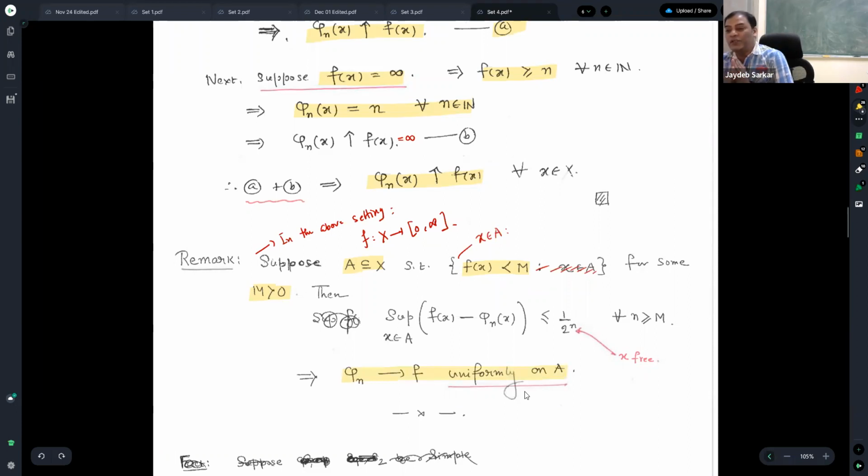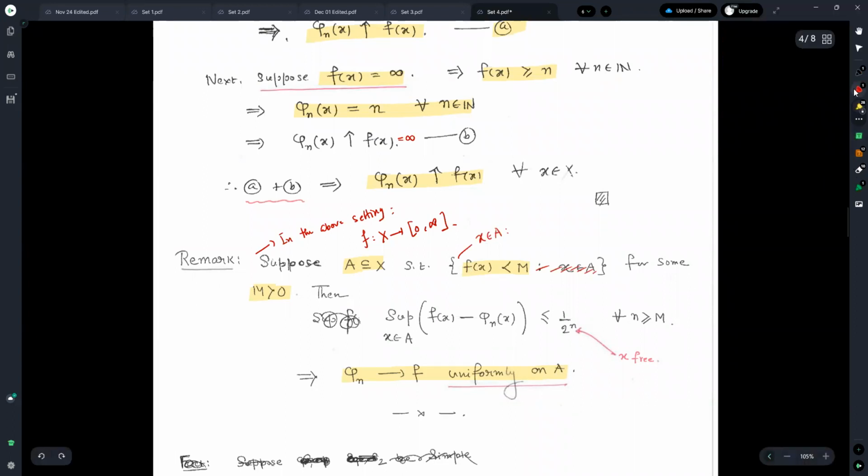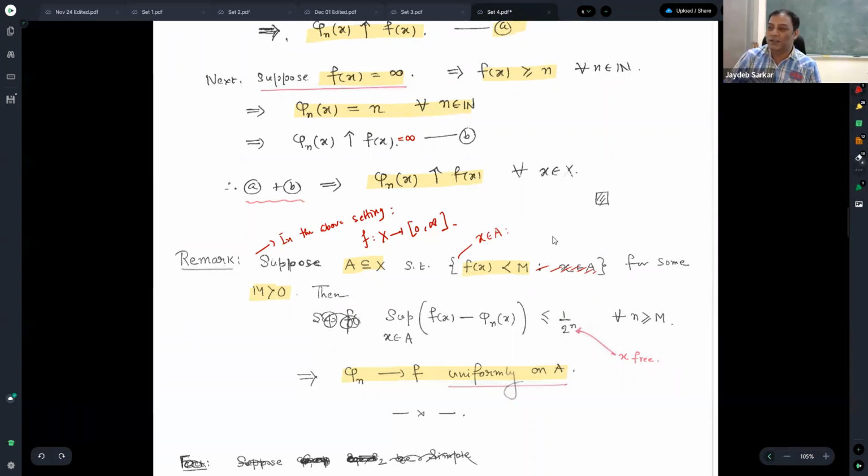You want to prove that phi_n converges to f uniformly on a set A, where A is a subset of X where the function is bounded by M. So this is a late night effect.